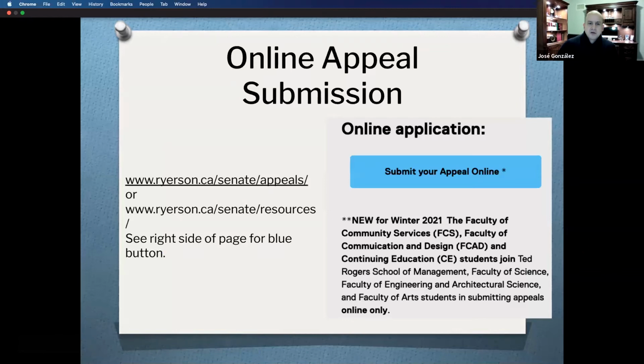Okay, so Linda was just talking about once you start the formal appeal. If you're an undergrad, you can file your appeal online. You can just Google appeal online Ryerson, and there's a box where you put your name and your student ID, then click enter, and you will be able to complete that information and submit your statement.